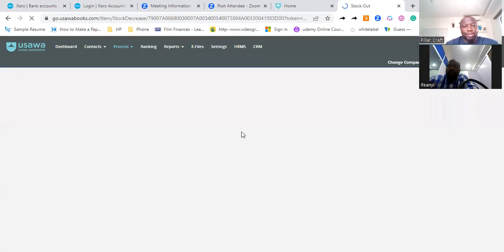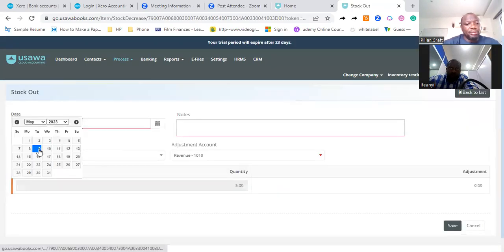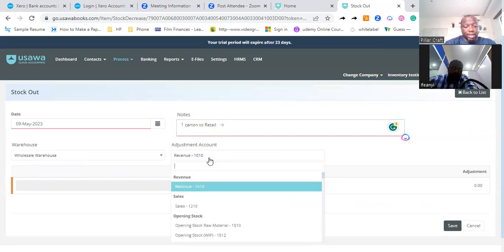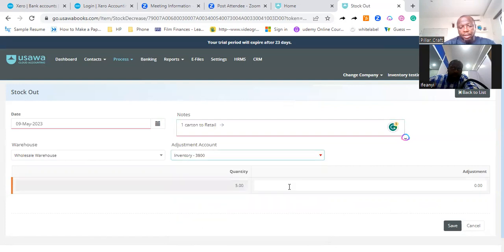I do stock out, and I say, on this day, 1 carton to retail. And then the adjustment account, which is the inventory account we're doing it from. And the quantity I want to adjust is 1.